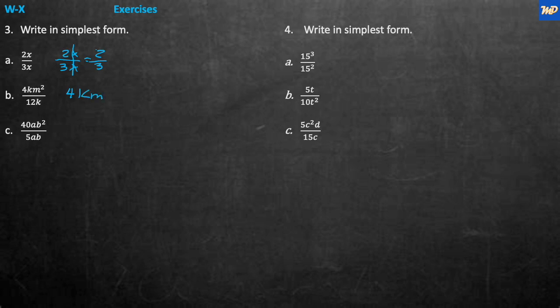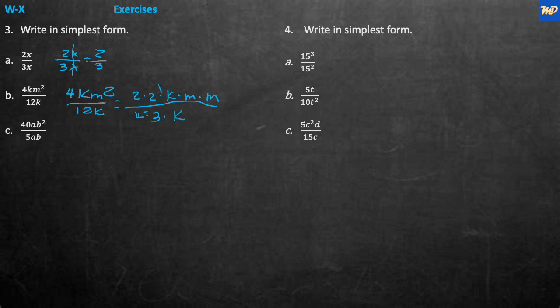4km squared over 12k. You can either do it in your head, because the k would cancel out here, and the 4 and the 12 make you 3, and you have an m left. Or you can do this. You could say 2 times 2 times k times k times m, because the m squared, and then you can have all over 4 times 3 times k.